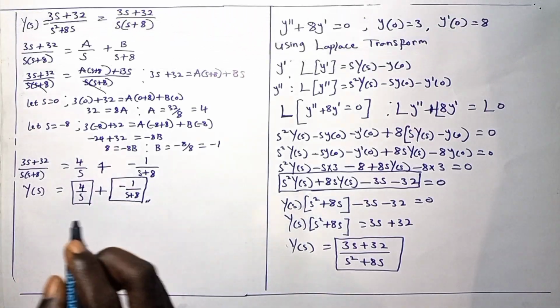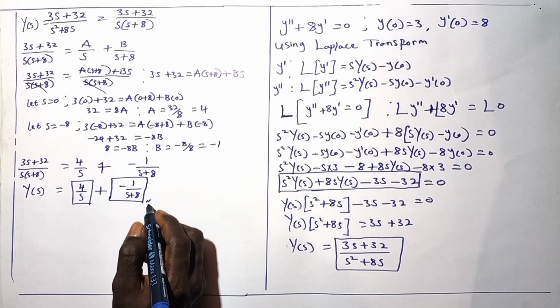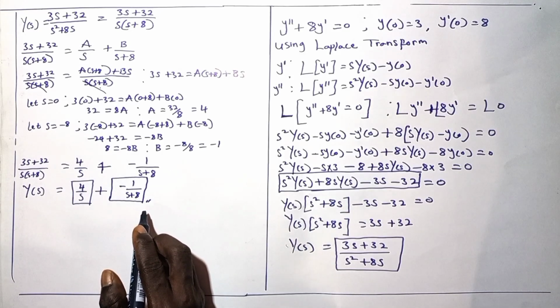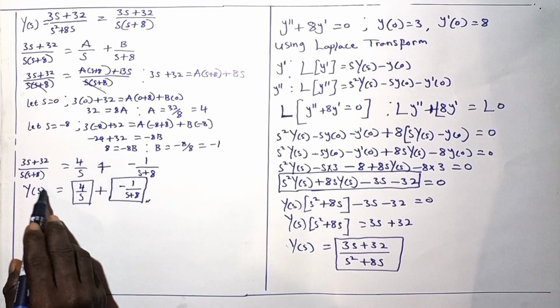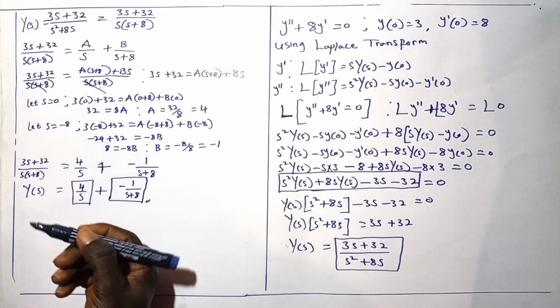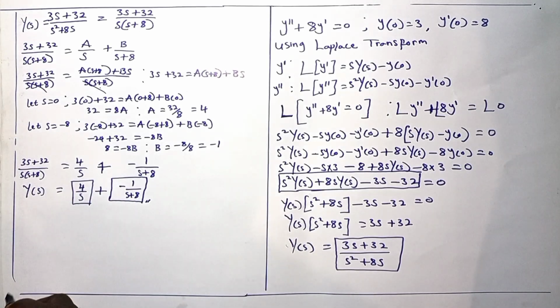So now for the final box, which is our final answer, the y of t. We have gotten the partial fraction of this y of s. Let's apply the inverse Laplace.